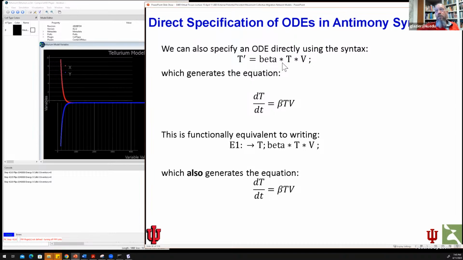T' = beta times T times V implements the ODE dT/dt equals beta times T times V. Notice in this case, I don't get 2 equations for 1. I'd have to write a separate equation for T being destroyed and one for I being created. This is functionally equivalent to writing nothing goes to T at a rate beta times T times V. It generates the same thing.